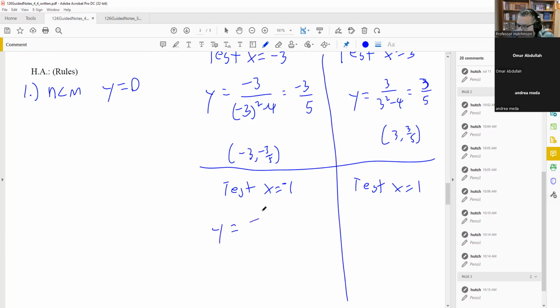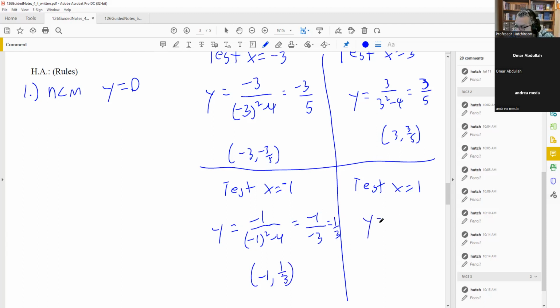Okay, so y equals -1 over (-1) squared minus 4. We get -1 on top, and then -3 on the bottom. So we get 1/3 because the negatives cancel out there. So the point that we're going to plot is -1 and +1/3. We'll plot that in a second.